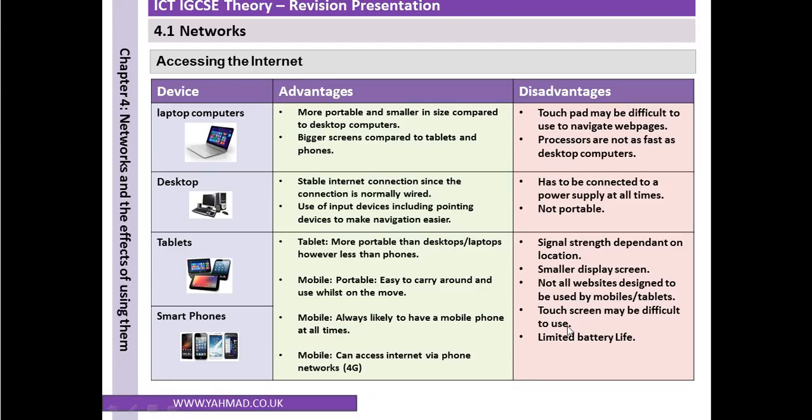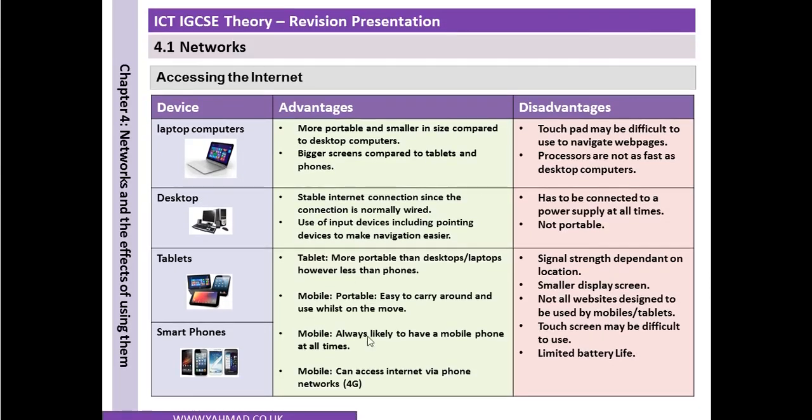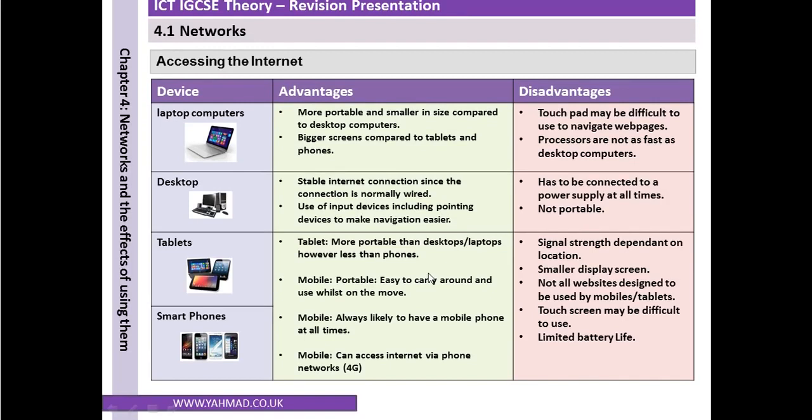The touchscreen may be difficult to use to find specific information, and the battery life is limited on the tablet and the smartphone compared to the desktop, which is always connected to the mains. Another advantage for tablets or smartphones is that these days websites are being designed especially to be used with smartphones. So you may have specific types of websites which can be used on smartphones, which would improve accessibility to browse between the different pages.